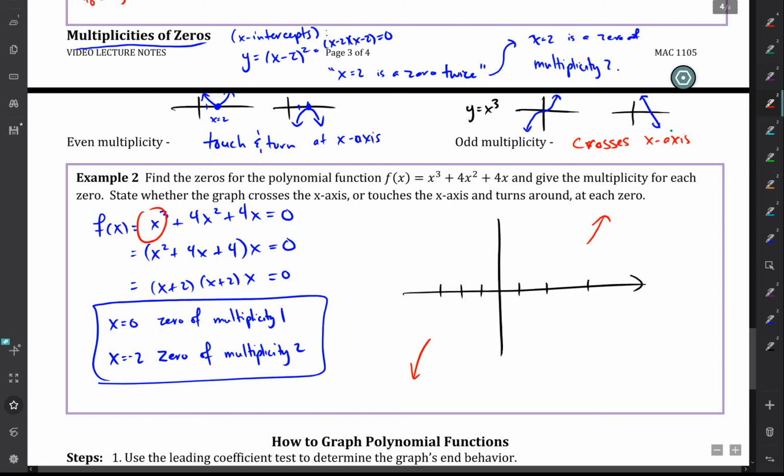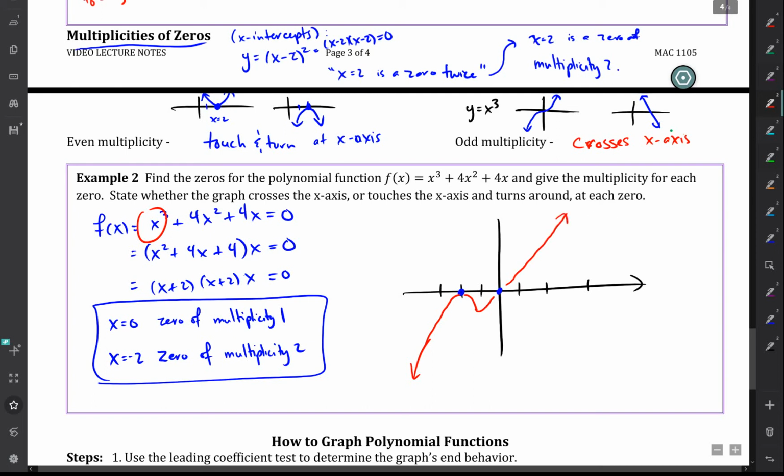Before, I had a big bubble here where I didn't know what was going on. Well, we can actually fill this in. Using the fact that x equals 0 is a 0 of multiplicity 1, we know that we're going to pass through the x-axis here, and we know that at x equals negative 2, we're going to touch and turn. So I can fill this picture out now. I'm going to come up, touch and turn at x equals negative 2, and then I must turn around and pass through the x-axis at x equals 0.